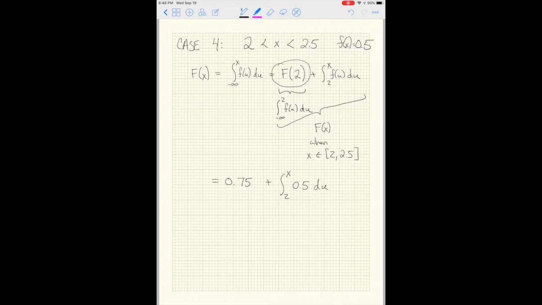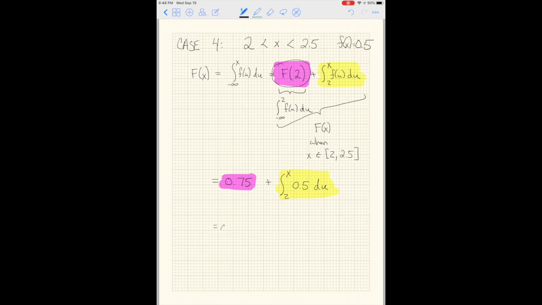And just to make sure everybody is paying attention, this 0.75 corresponds to this one right here, and the rest, this integral here, corresponds to this integral here, which is for this particular case that we're working on.